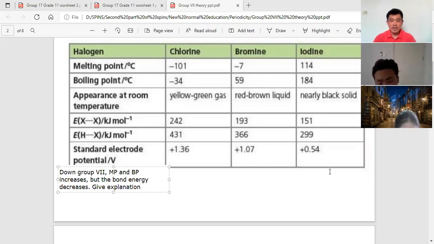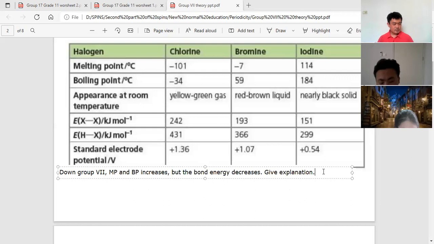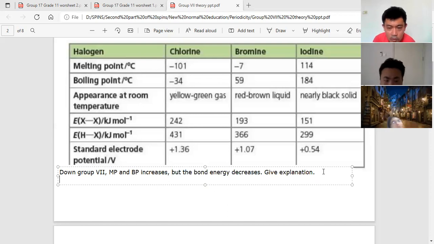Yes, let me ask Yupin. Hello? Yes, Yupin. So, what is the explanation? Is it because the molecules become bigger?